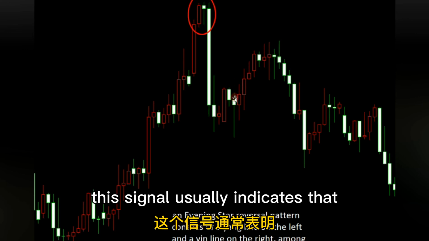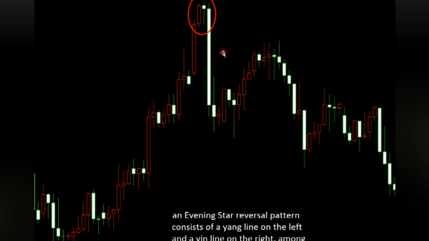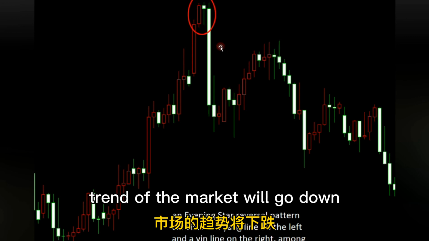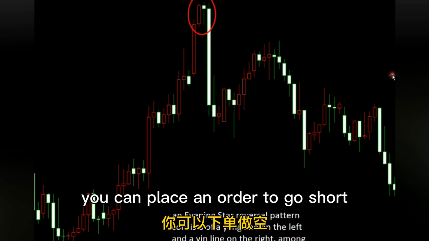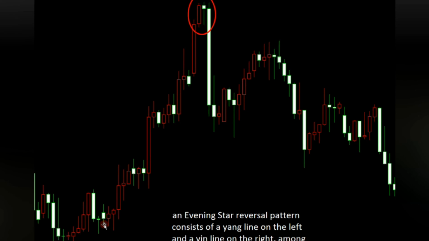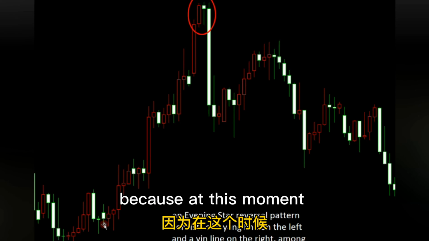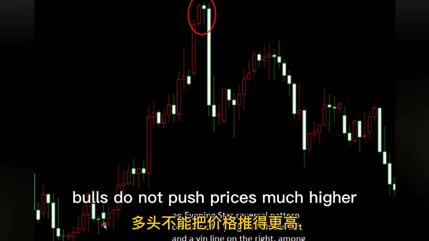This signal usually indicates that the trend of the market will go down, and you can place an order to go short. Because at this moment, the bulls do not push the price much higher.